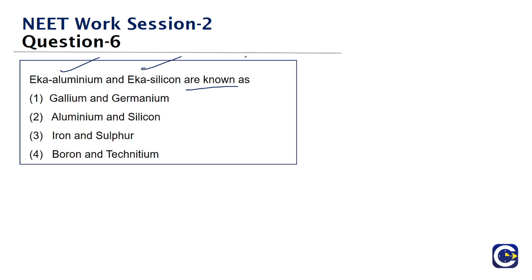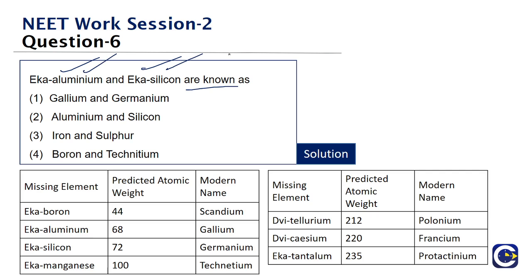So what are these elements that they are asking us? They are asking what is Eka-aluminium and what is Eka-silicon. This is a memory based question, so we will have to remember at least some of the prominent missing elements that he mentioned, and the corresponding elements that were discovered later.